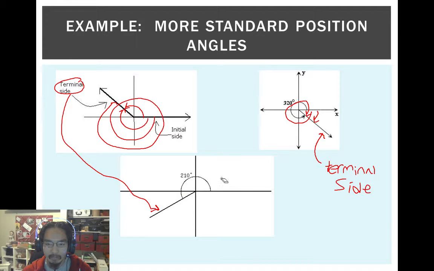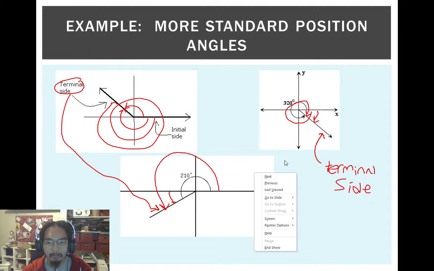As I mentioned yesterday, it's technically not wrong to measure the angle from here. It's just that this is not a standard position angle. A standard position angle is going to be from the positive x-axis around to your terminal arm.